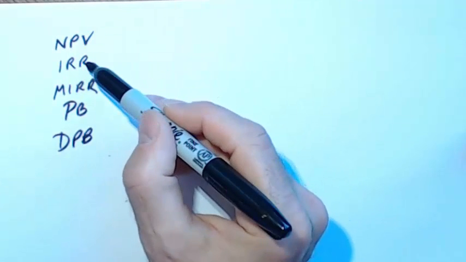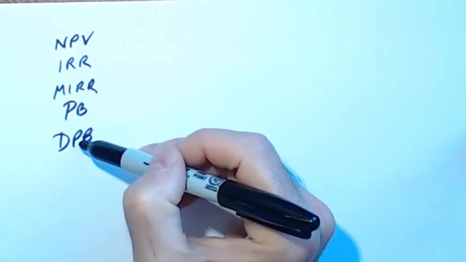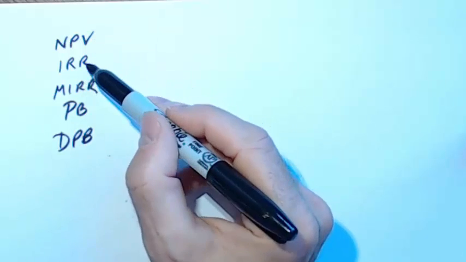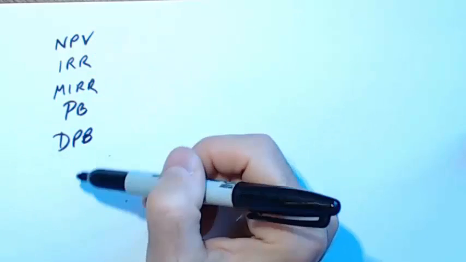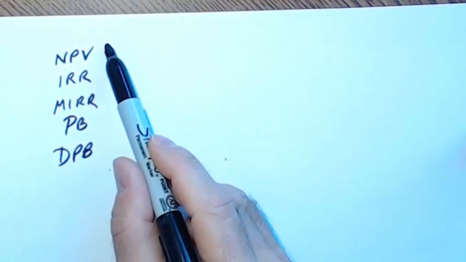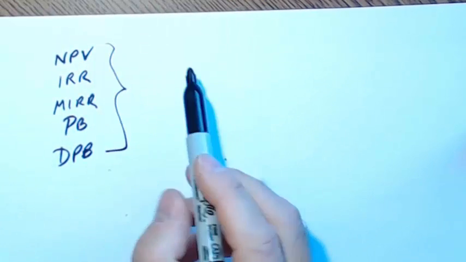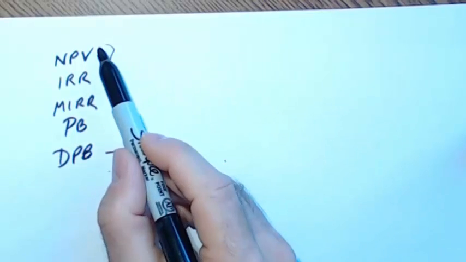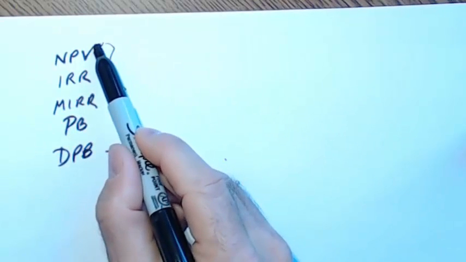We're going to do some calculations of each, and then compare and contrast. What we're going to find out is that among these, what we sometimes call rules, the rule that rules the rules is net present value.